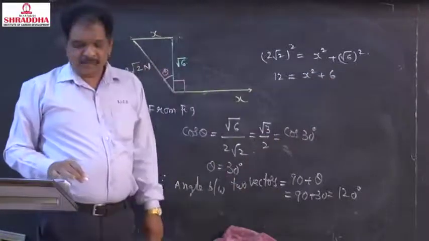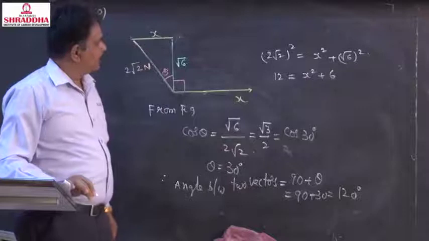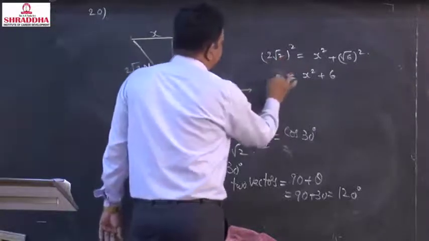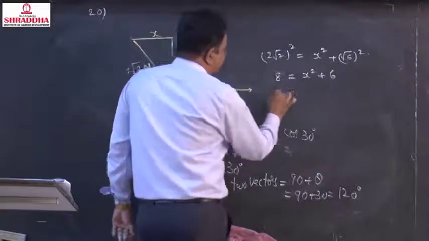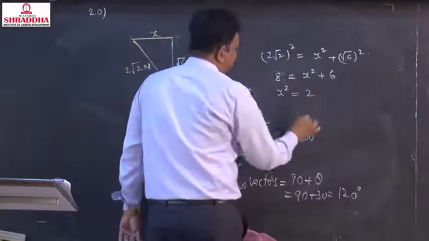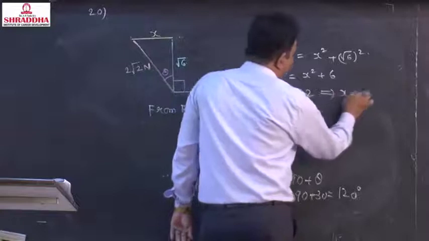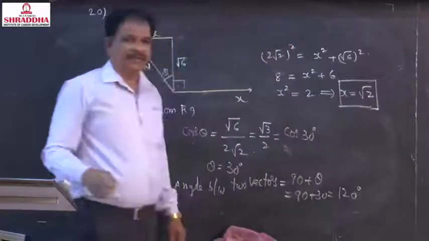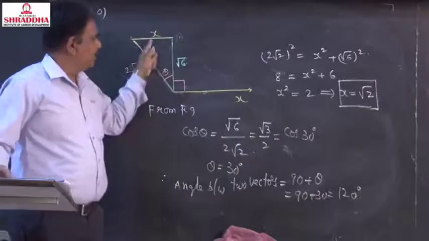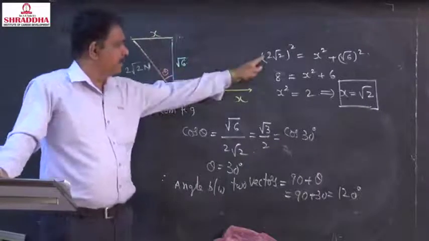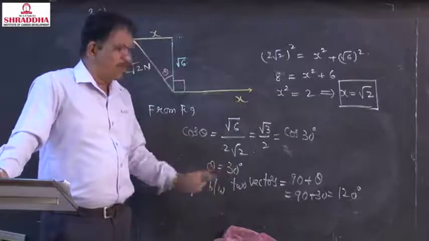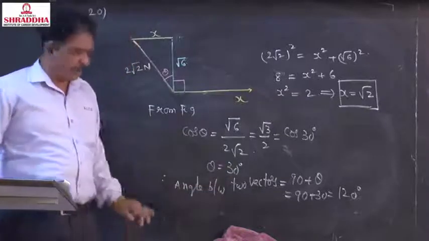X square is equal to 2. X is equal to root 2. Like that, we will get the value of x by applying the Pythagoras theorem here, and the angle between the two vectors is equal to 120 degrees.